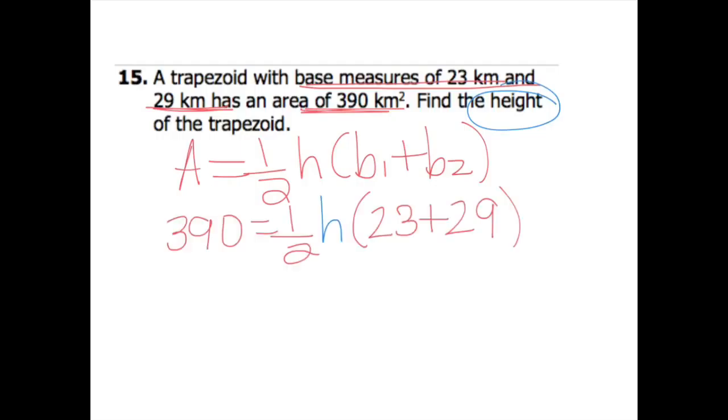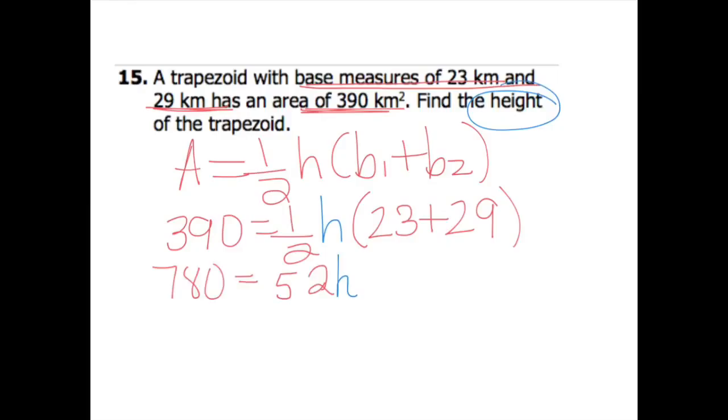All right, when we substitute what we're given into the problem, we have 390 is equal to 1/2 h times 23 plus 29. There are a few ways that we can do this. We can multiply both sides by 2 to get rid of the fraction, or we can add 23 and 29 and multiply by 1/2 and divide by 2.